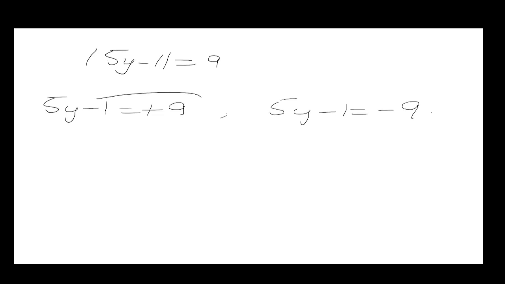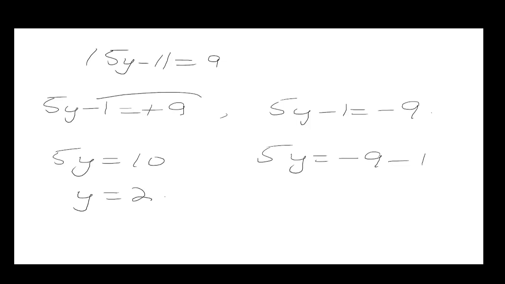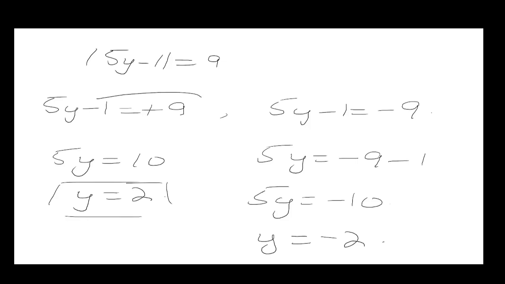So minus 1 will go to the right. That means 5y is equal to 10 and y is equal to 2, since 10 divided by 5 is 2. Now here 5y will be equal to negative 9 minus 1, and that results in negative 10. So the answer of y will be negative 2 here. So these are both our answers.